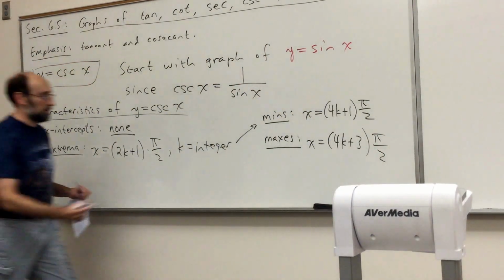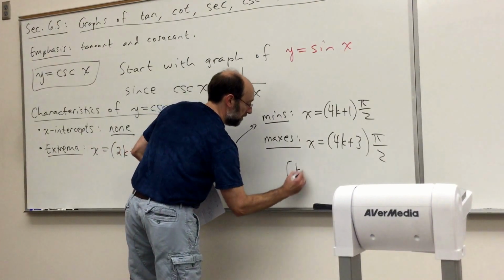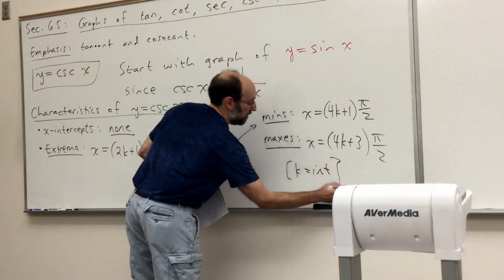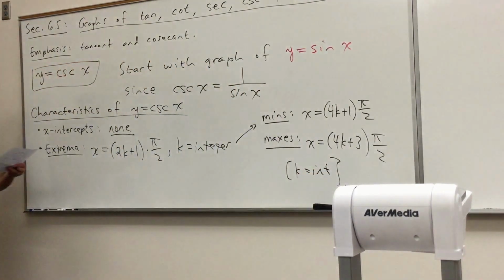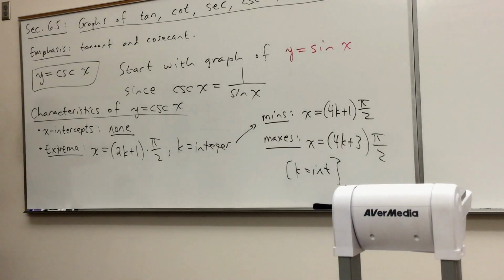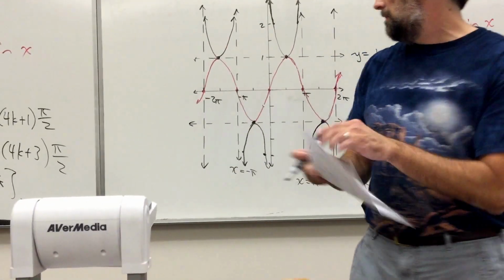Where k is an integer. And then let's describe our vertical asymptotes, where they would occur, and our period.